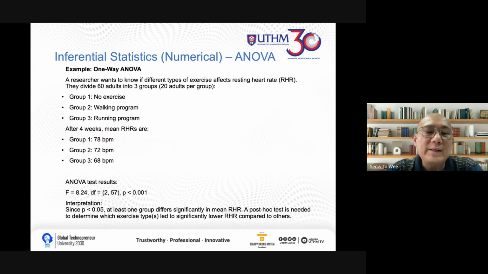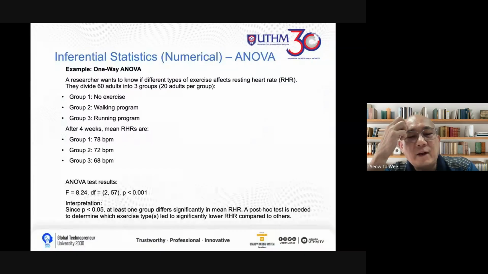So the ANOVA result shows F equal to 2.57 and p less than 0.001.